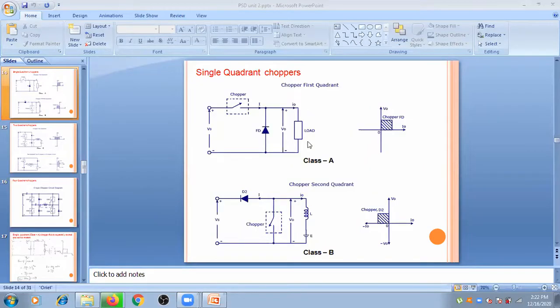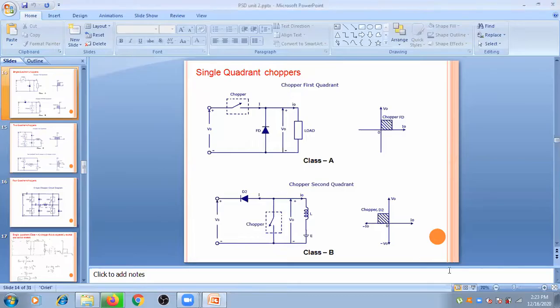Whatever the load, the circuit configuration is the same. You can connect any type of load. These two converters will operate the motors under single quadrant mode only.